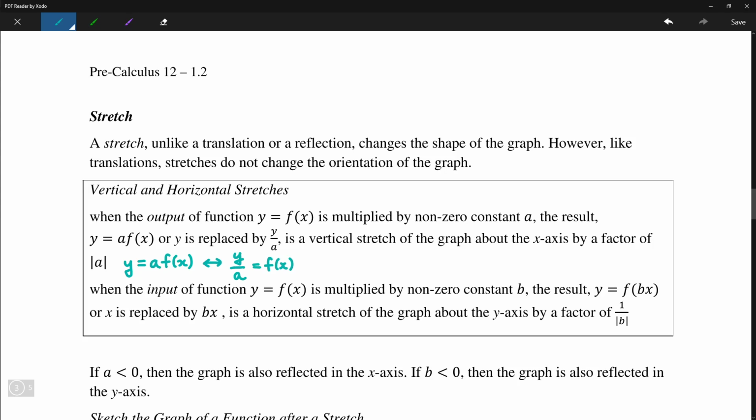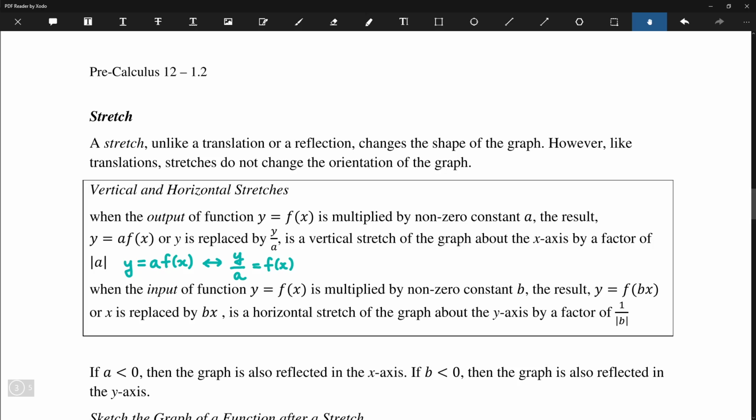On the other hand, if x was multiplied by a non-zero constant b, and we have y equals f of b times x, or simply replacing x with b times x, then it is a horizontal stretch by a factor of 1 over the absolute value of b.